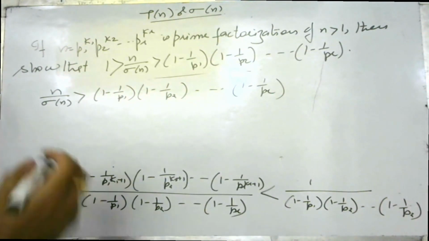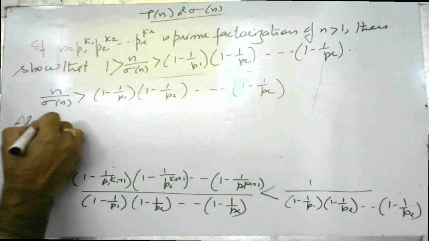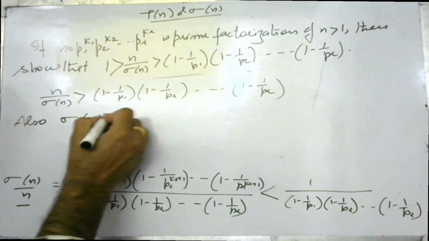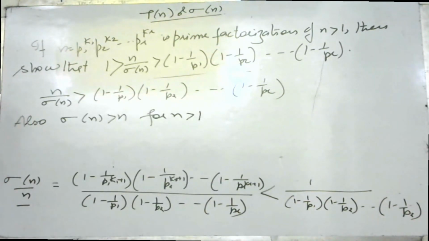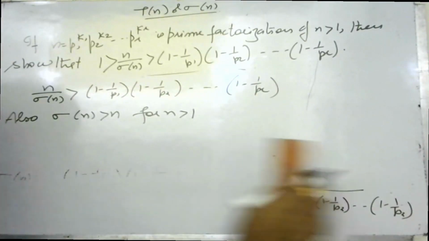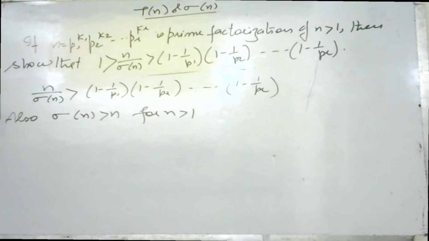To prove that, we also write sigma n is greater than n for n greater than 1. From the definition of sigma, as we know, sigma gives the sum of divisors of n, which is greater than n.